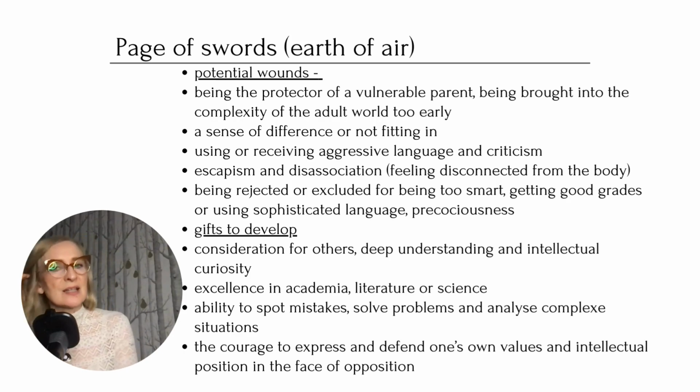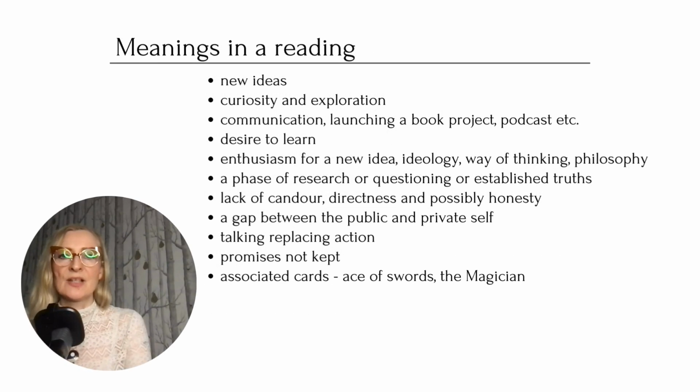So that's something that they could develop as they go along. It's obviously important for them also to develop a consideration for others' feelings, while also respecting the value of the truth. So let's look at how that might turn up in a reading.